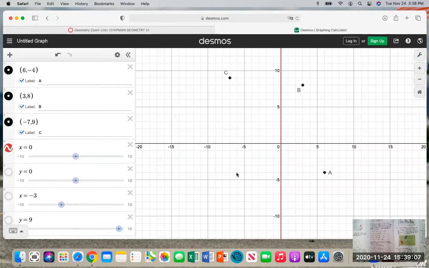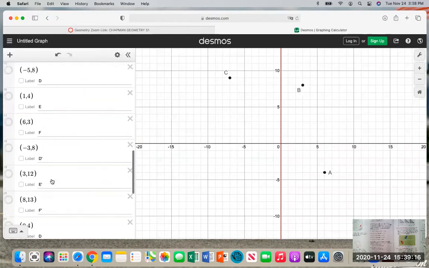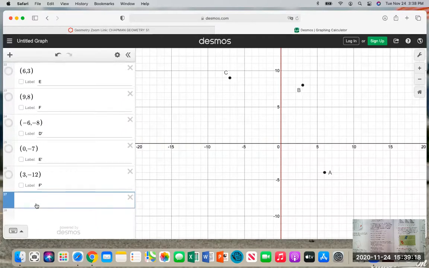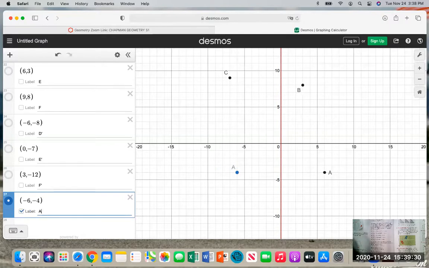So right there where my pointer's at, that is going to be A prime. That is -6, comma, -4. And that is A prime.